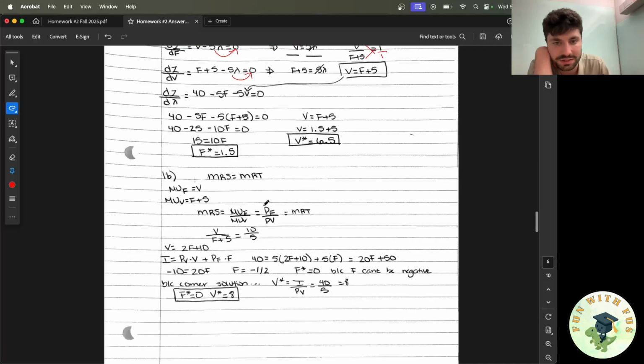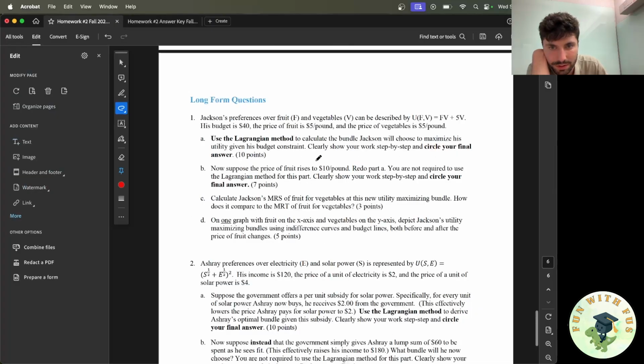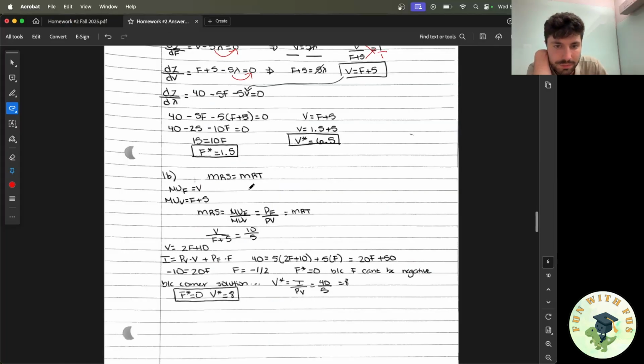So we take the MRS, we set it equal to MRT, and in this specific problem, I believe they changed up our MRT, and that's why it's an interesting problem. So they swapped up our MRT. And interestingly, hopefully by now you guys have a solid grasp on how to solve MRS equals MRT. And you solve that through, and we get -1/2.